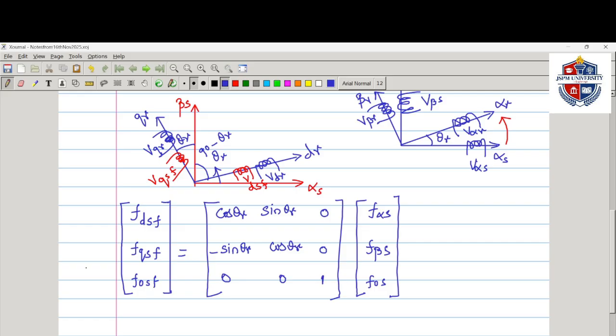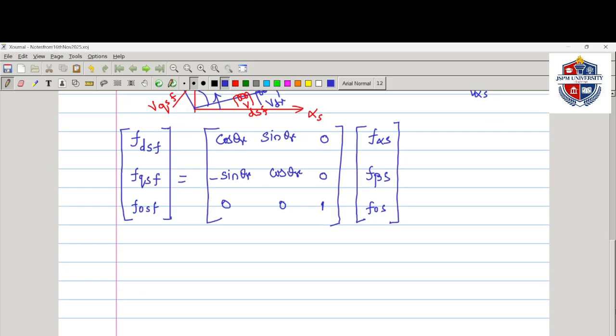So this is the new matrix for conversion of stator variables to the rotor reference frame. With respect to all these values, I can form the F matrix. In the previous stator attached reference frame, we wrote the E matrix. Here we are going to write it as the F matrix.